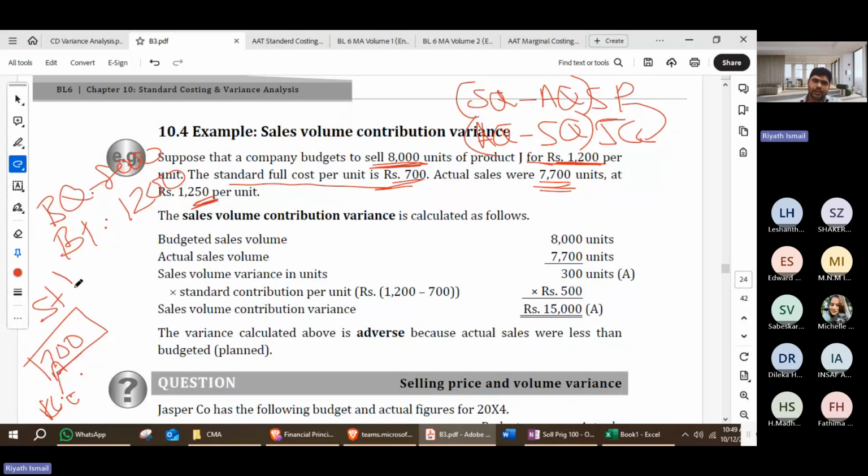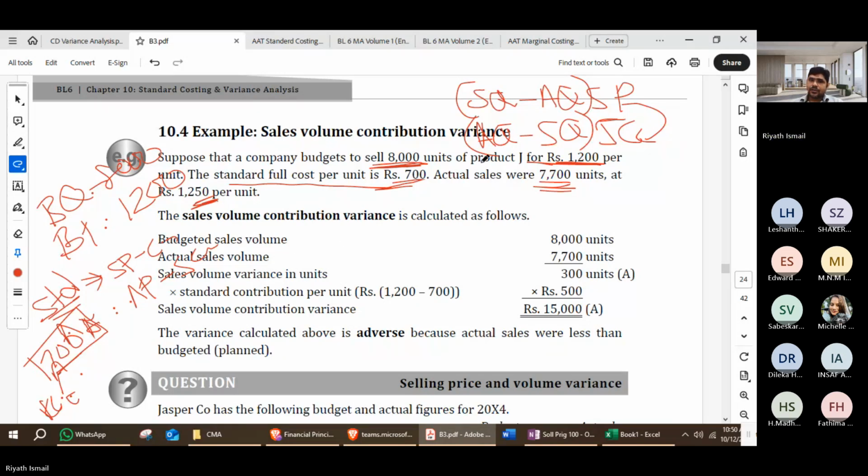Standard contribution and actual contribution. Standard contribution means standard selling price minus standard cost. And actual contribution equals actual selling price minus standard cost. That is the difference between these two.